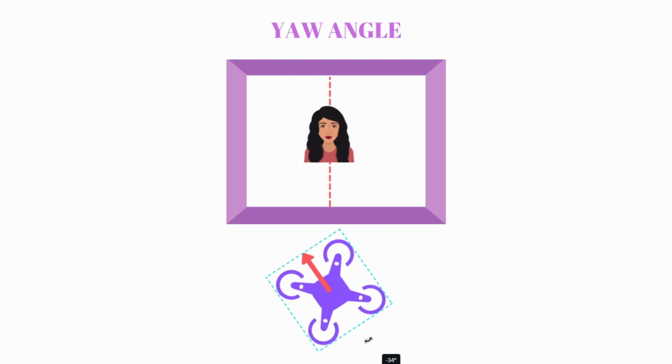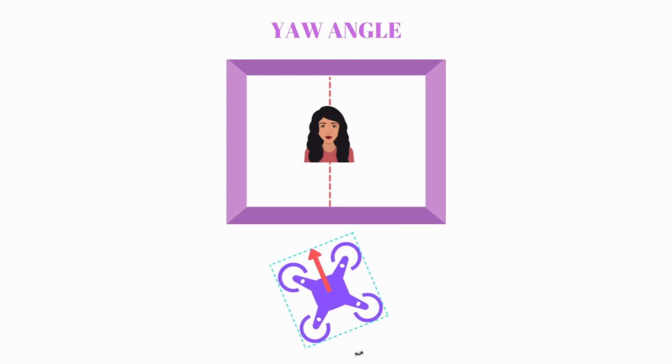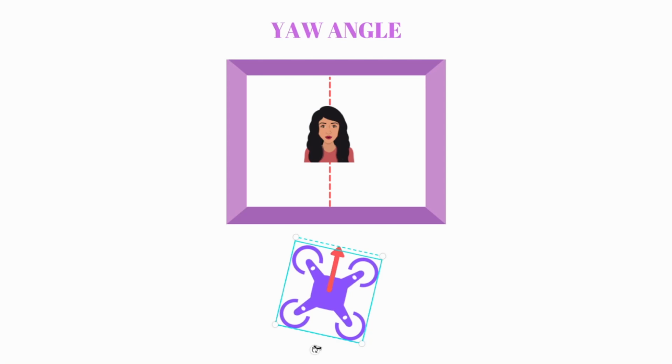So this method is known as PID. I will not go into the detail of how PID works more than this. I think this is a very basic explanation that will give you a basic understanding. But if you want to learn more about PID, it's basically proportional, integral, and derivative. So these are the terms. It's a type of controller that you can use.